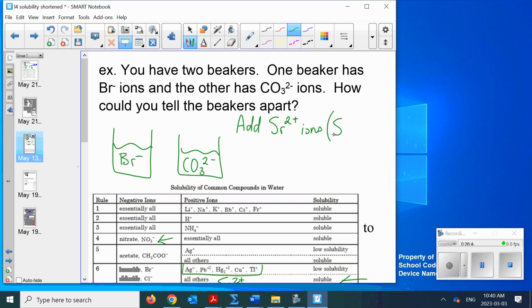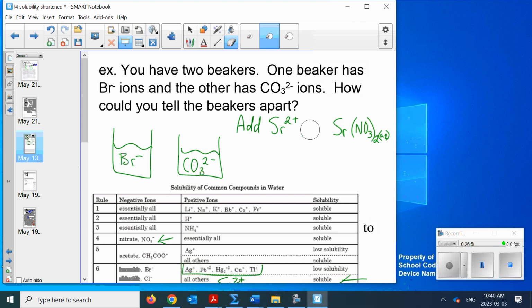So I'm going to list this here. Sr(NO3)2. You can't just add strontium ions.